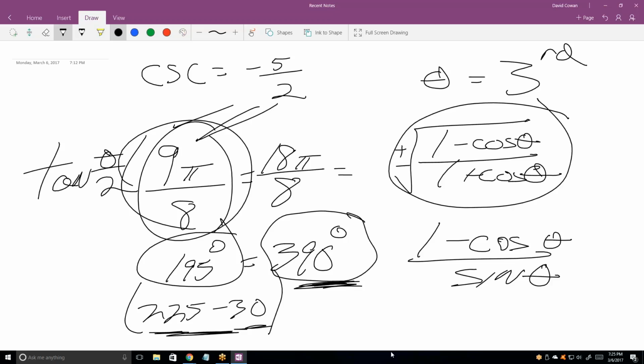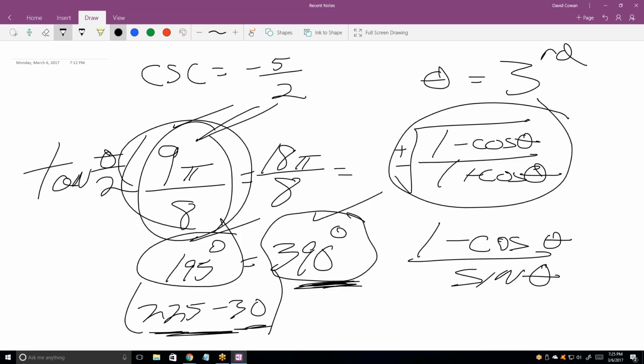Not the double angle, the half angle. Notice that if I can double the angle and get a unit circle angle, then I want to use the half angle formula. If I can take half of it and get a unit circle angle, then I want to use the double angle formula. You're always doing the opposite of what you can manufacture with the thing.